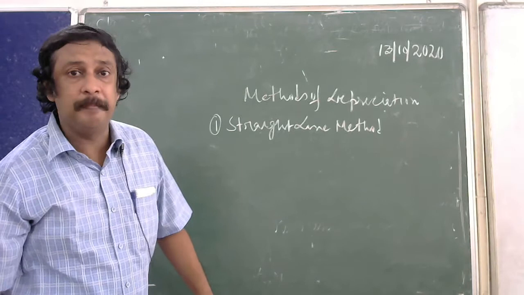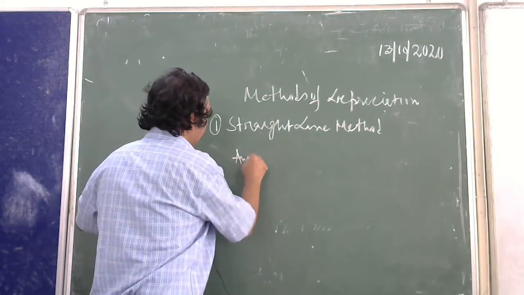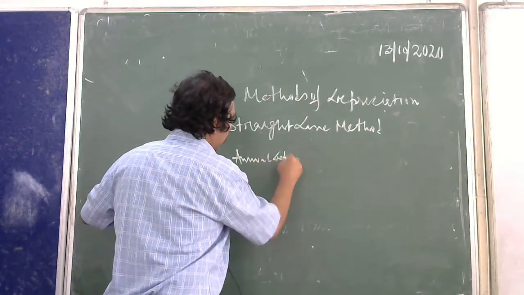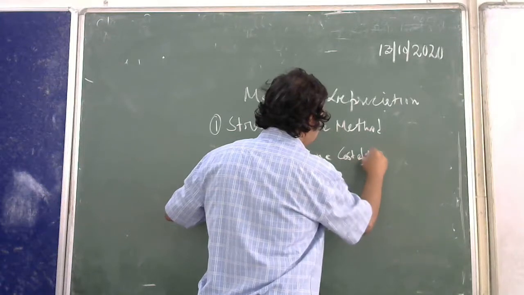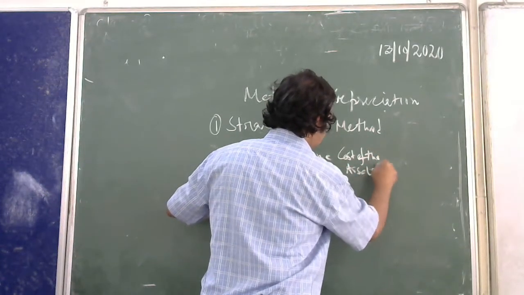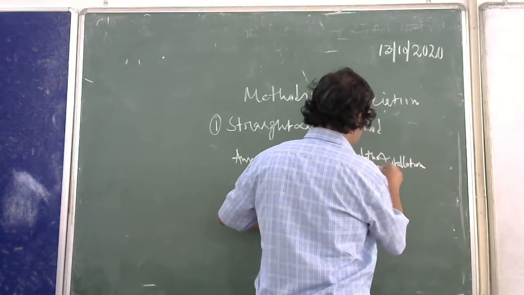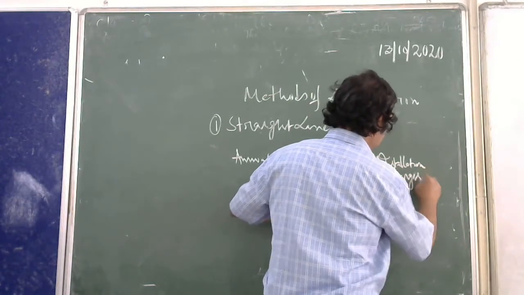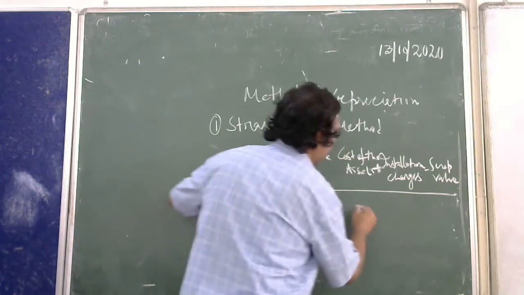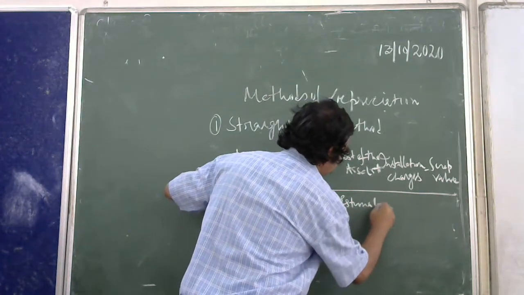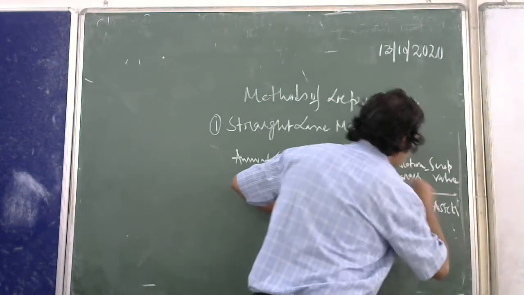If the rate of depreciation is not given, then we use this formula in the straight line method: annual depreciation is equal to cost of the assets plus installation charges minus scrap value, divided by estimated life of the assets.